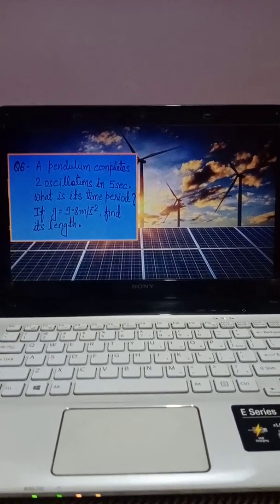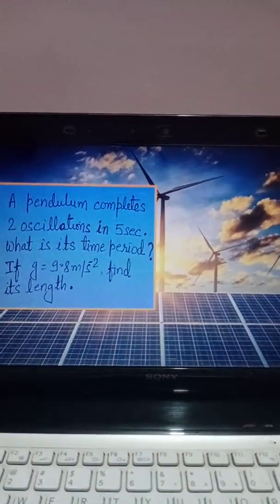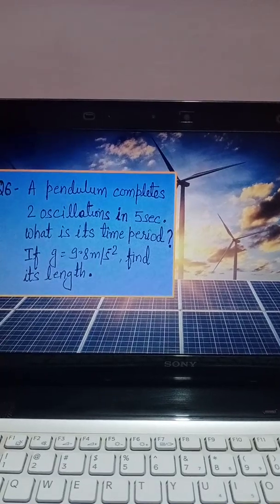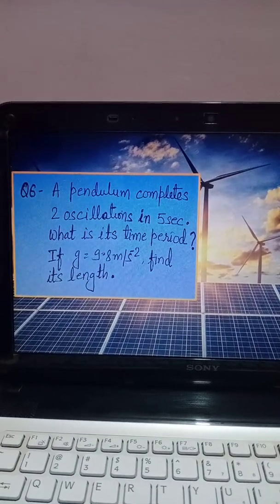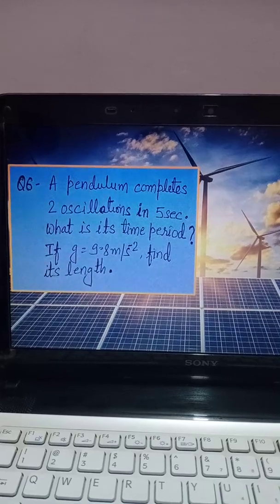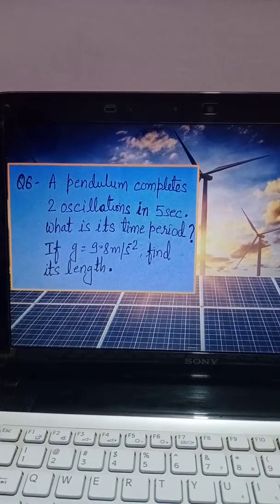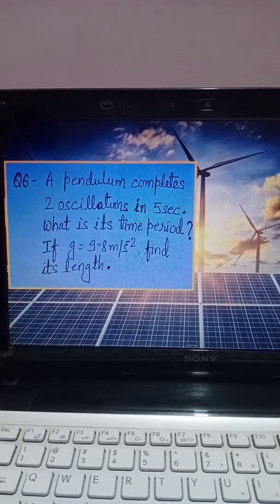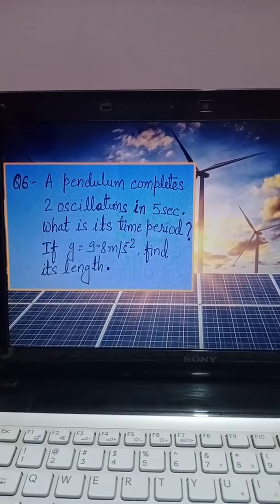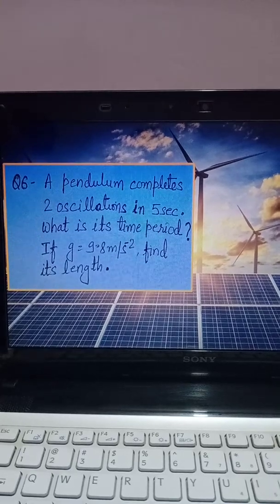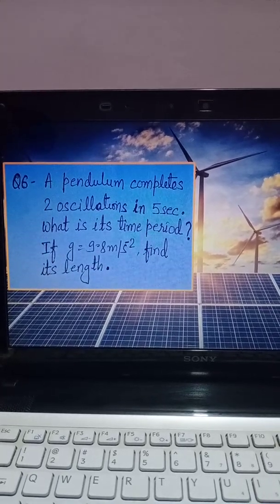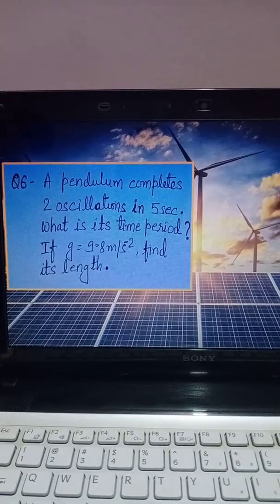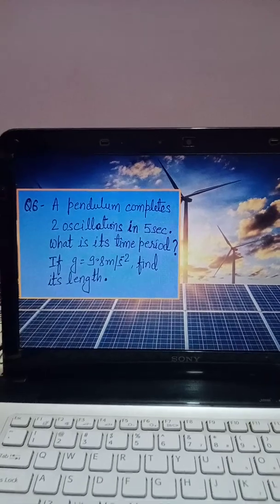It means that if g of that place is 9.8 meter per second square, we have to find the length of that simple pendulum. The condition given is that the pendulum completes two oscillations in 5 seconds. So we have to find the time period, and the length of the simple pendulum also.